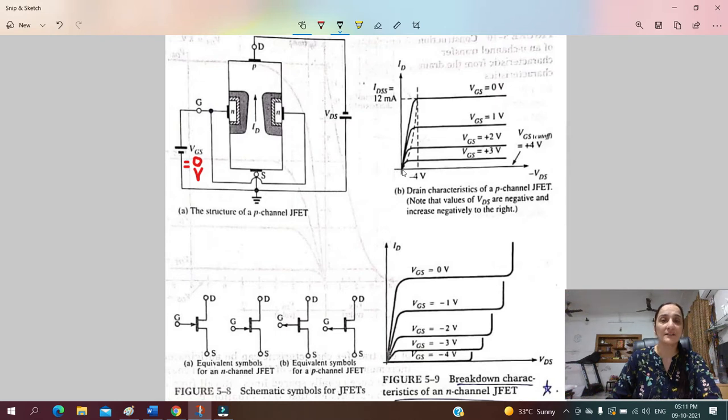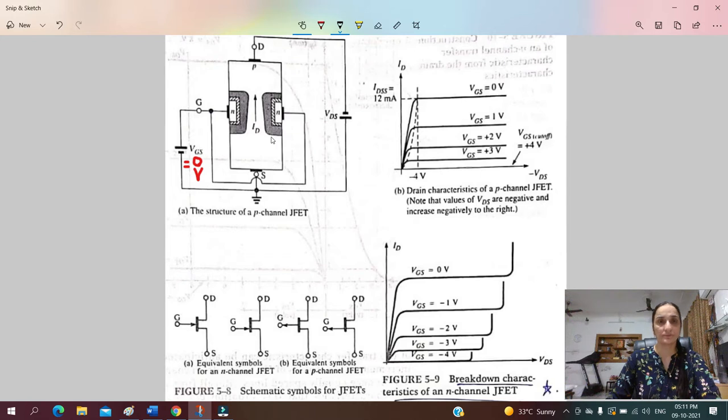When we increase VDS slightly, for a small value of VDS, as VDS increases, drain current increases linearly. This is controlled by the resistance of this P-type bar. The current flow is controlled by the resistance of this P-type bar.